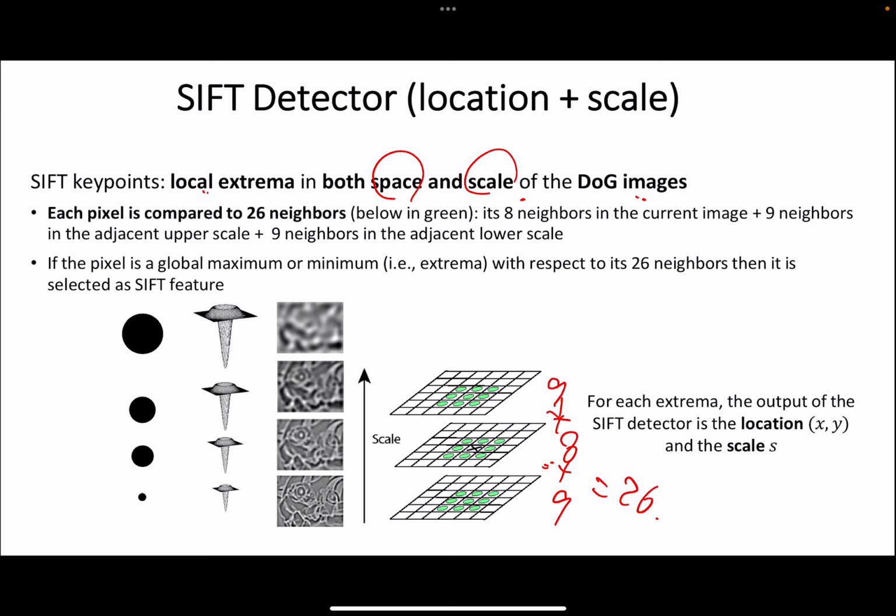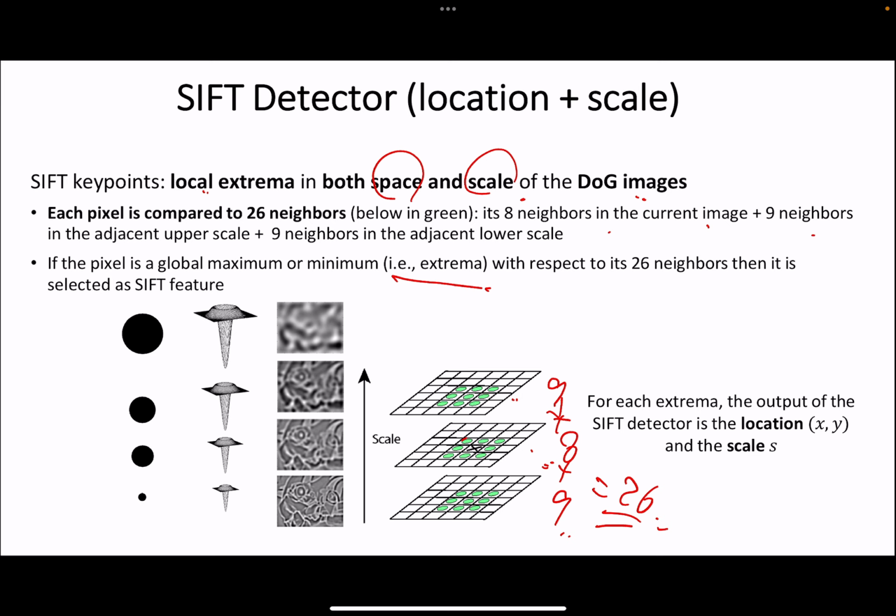We compare the black cross pixel with the remaining green circle pixels. There are 8 neighbors in the current image, 9 neighbors in the adjacent upper scale, and 9 neighbors in the adjacent lower scale. That makes 26 neighbors. We always compare a pixel with its 26 neighbors, and if the pixel is the global maximum or minimum, that means extrema, with respect to its 26 neighbors, then it's selected as a SIFT feature.